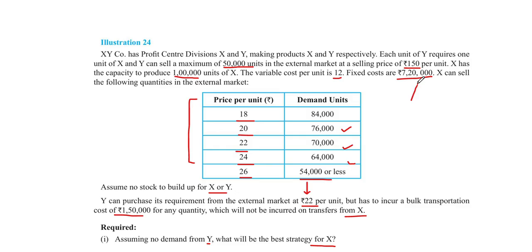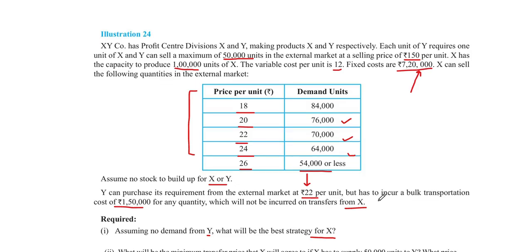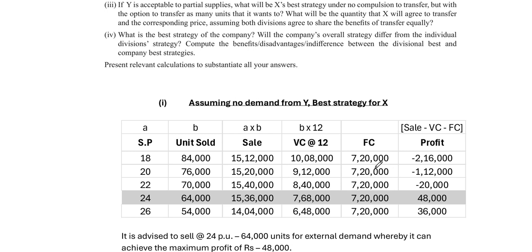Fixed cost is 7,20,000. So our profit will be sales minus variable cost minus fixed cost: 15,12,000 minus 10,08,000 minus 7,20,000. So in the first scenario, there will be a loss of rupees 2,16,000.